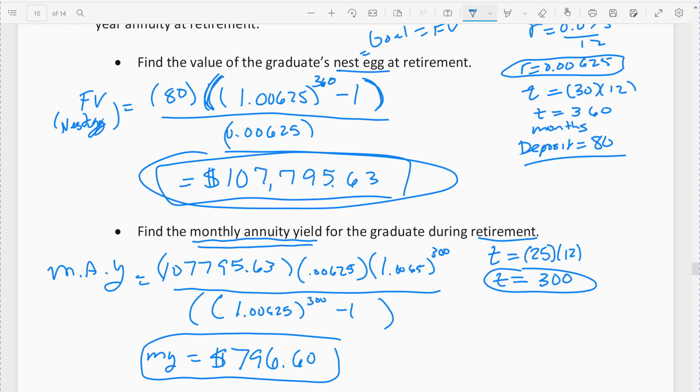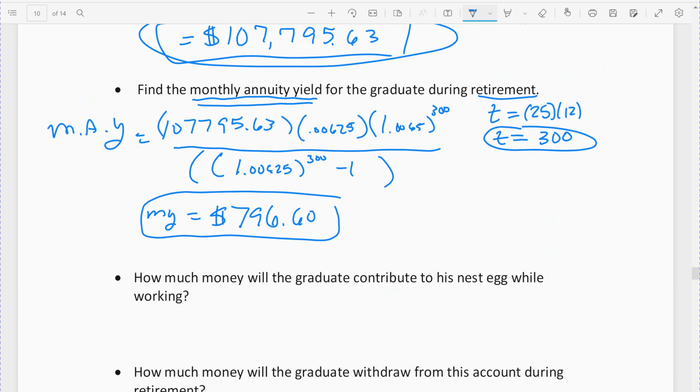I'll double check. Yep. All right. So every month, so this would be the monthly income for the 25 years.